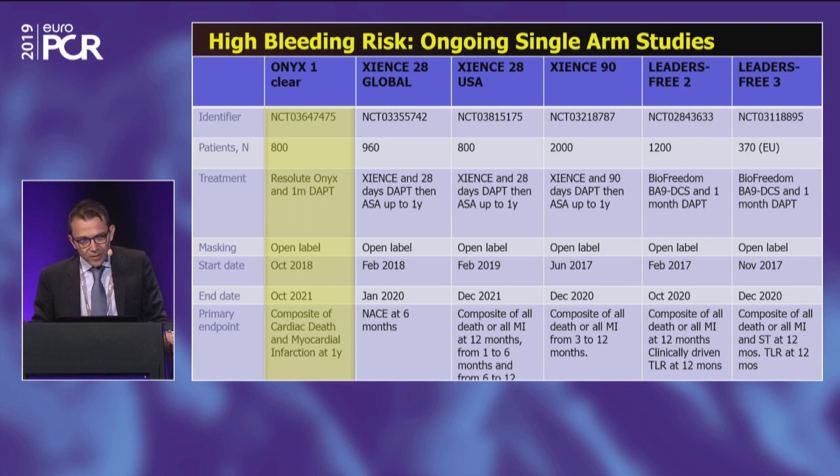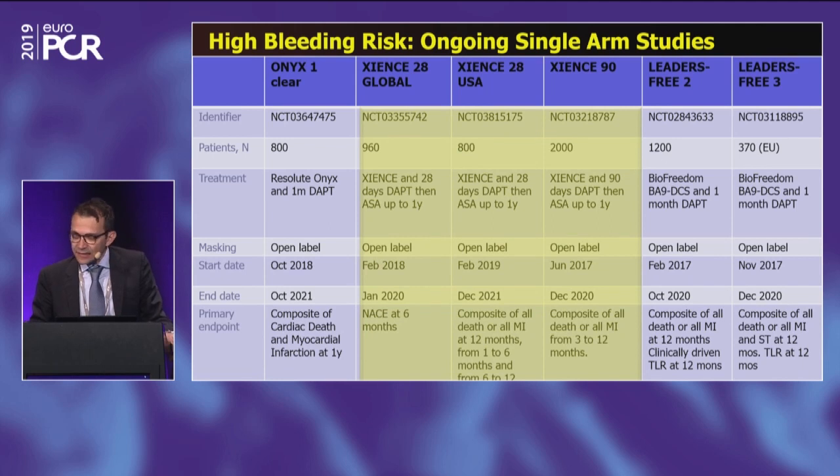Now, to keep on going with the single-arm registries, we have the Onyx One Clear. It's about 800 patients receiving Resolute Onyx implantation followed by 1 month DAPT. We have 3 large studies, namely Science 28 Global, Science 28 USA, Science 90, which are investigating the safety of either 1 month, which could be as short as 28 days, that's where the name is coming from, or 3 month DAPT after Science stent implantation.